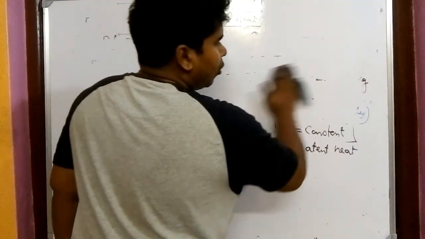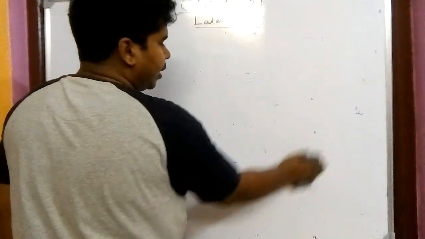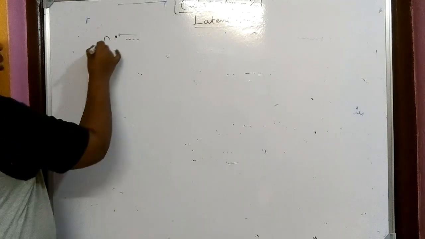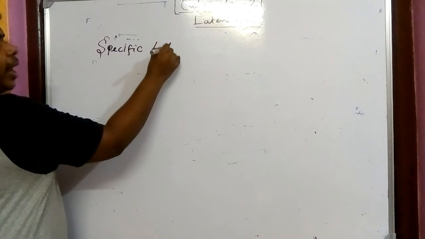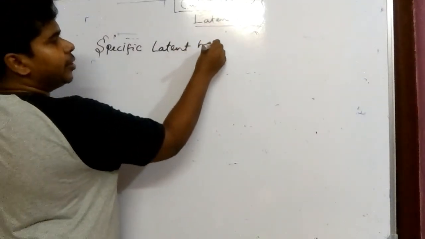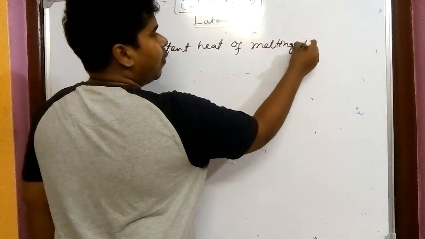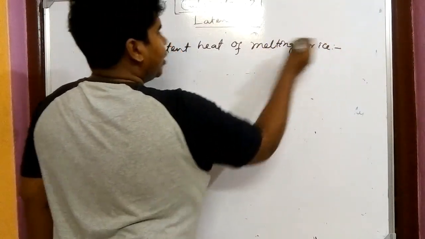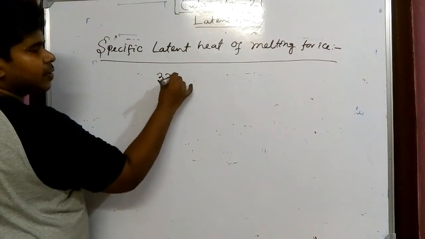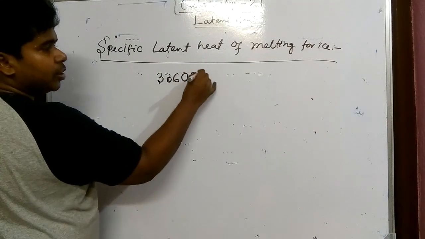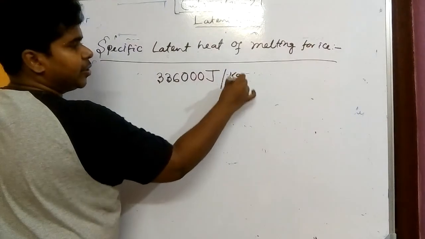If I am talking about ice, the specific latent heat of melting for ice has a value of 336,000 joule per kg.